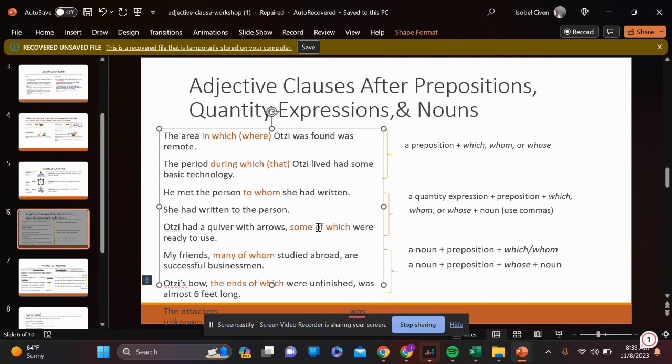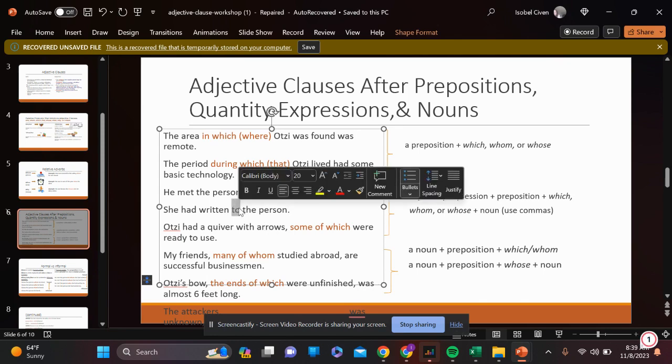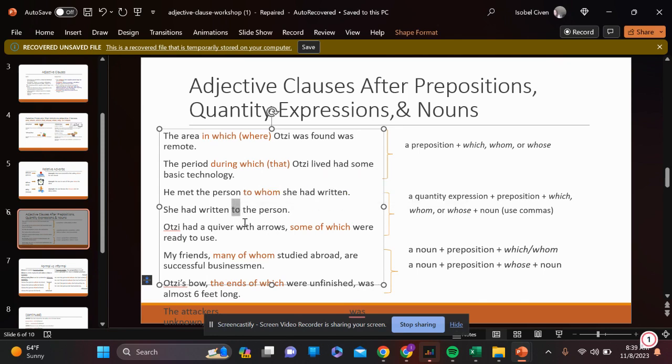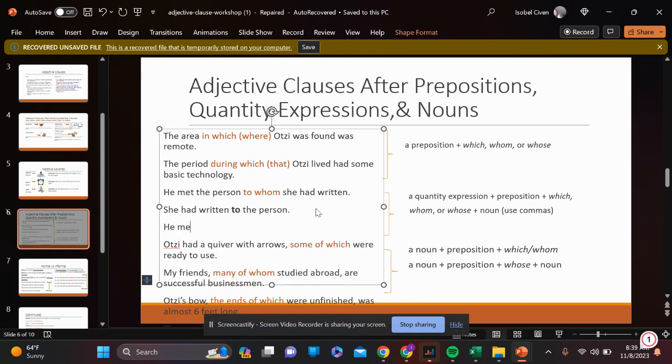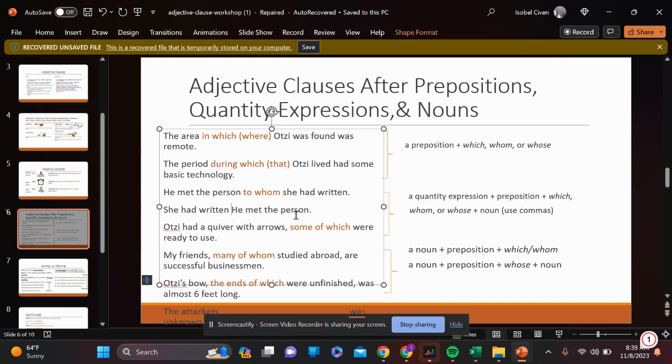So what you are connecting is, you are using this preposition here: she had written to the person, he met the person. You are connecting those, deleting that, and then you get he met the person to whom she had written.